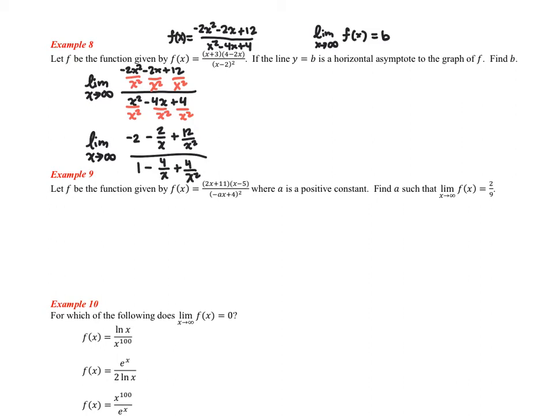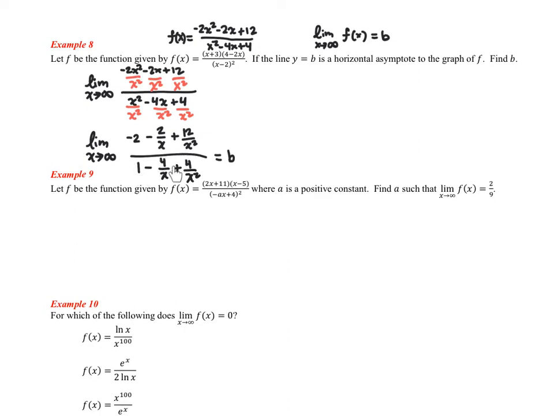Now, what I want is that this limit comes out to equal b, right? So as I take the limit, what you'll notice is that the limit as x approaches infinity of -2 will still be -2. Likewise, in the denominator, the limit as x approaches infinity of 1 will still be 1.